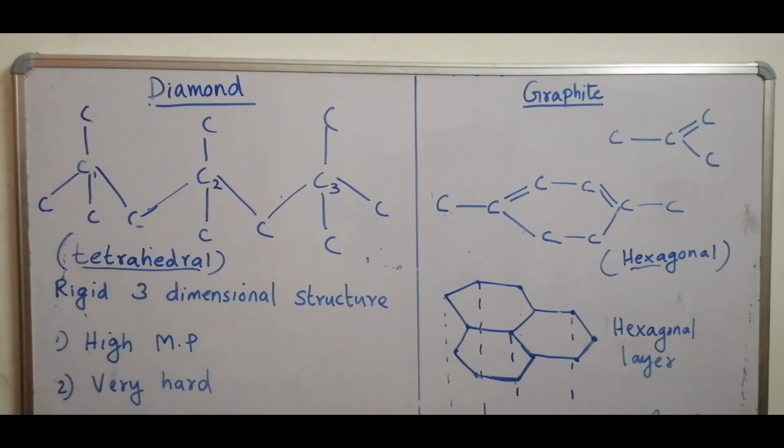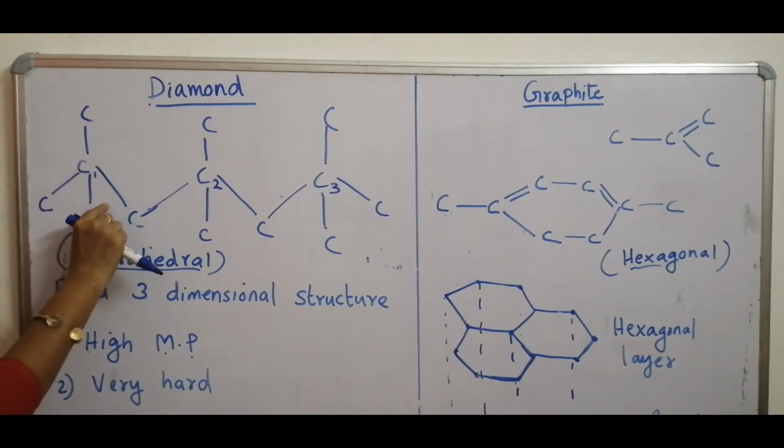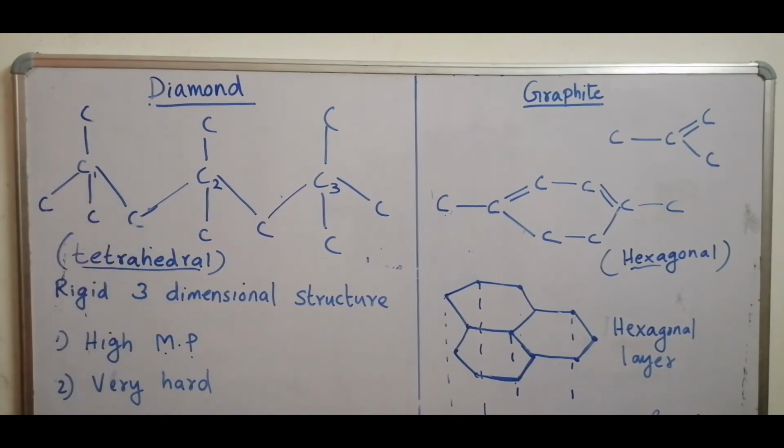Tetra means 4, and diamond has a tetrahedral, rigid 3-dimensional structure. It has a very high melting point because there are strong covalent bonds and more energy is needed to break the bonds, and it is the hardest natural substance.